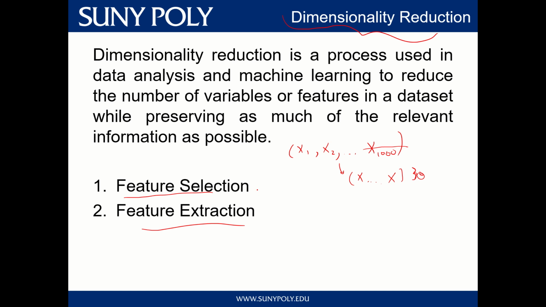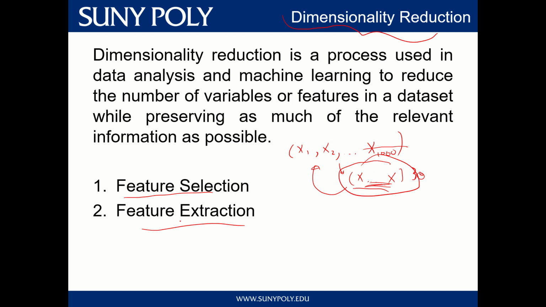In feature selection, the variables in your subset are original variables. They are the same variables that were in your original data set. You just remove some variables that were not adding value. But again, in feature selection, at the end, we are using some of the original variables.